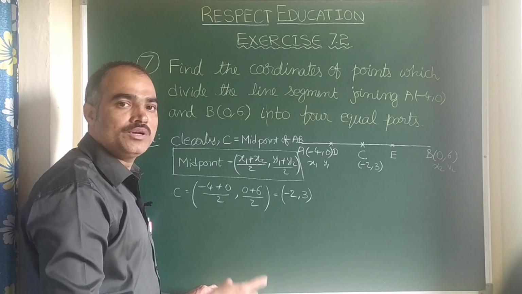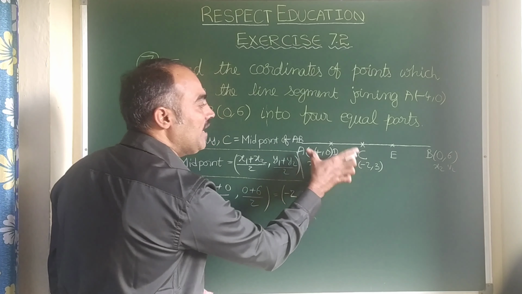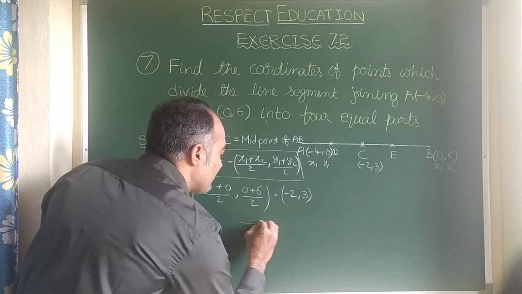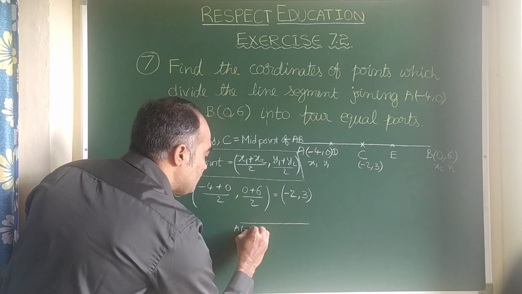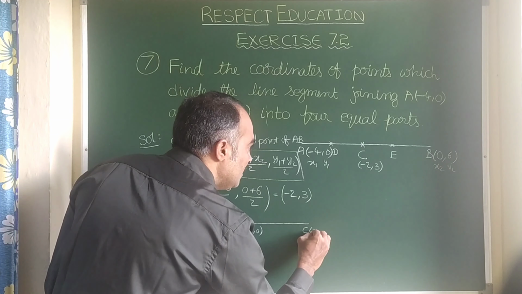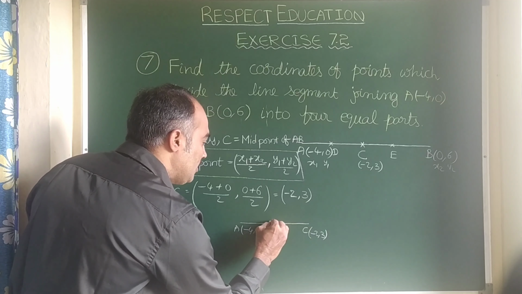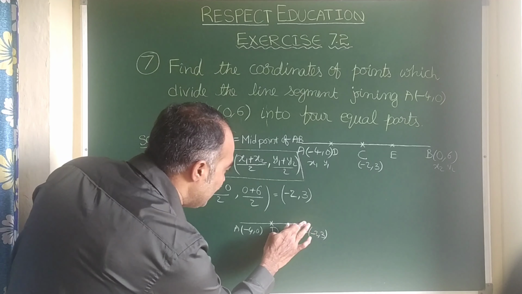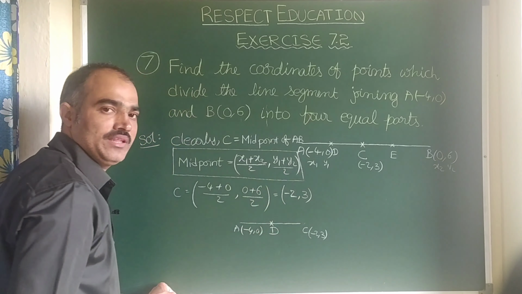Now we are going to the second task, which is finding the midpoint of A and C. Here A is (-4, 0) and C is (-2, 3), and I am going to find its midpoint, which is labeled as D. Now our task is to find D, so AD equals CD.